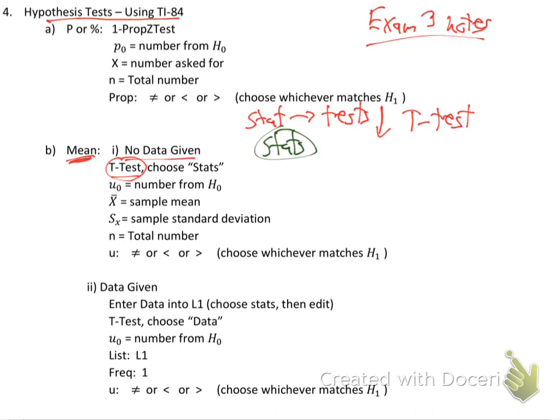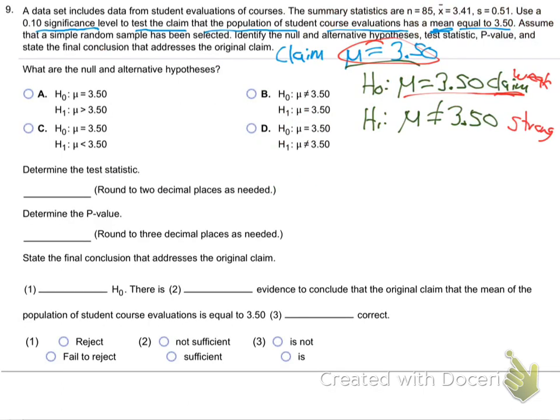We'll see some data. Anyway, choose stats. And then it wants mu0. What do you think that's going to be? That's going to be the number from H0, right? Those are always that way. So what's my H0 here? So go to do the t-test. Choose stats, not data. So t-test stats.